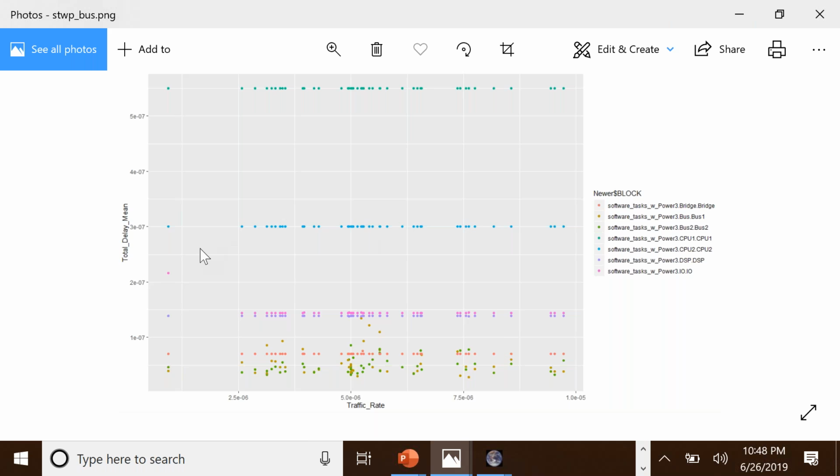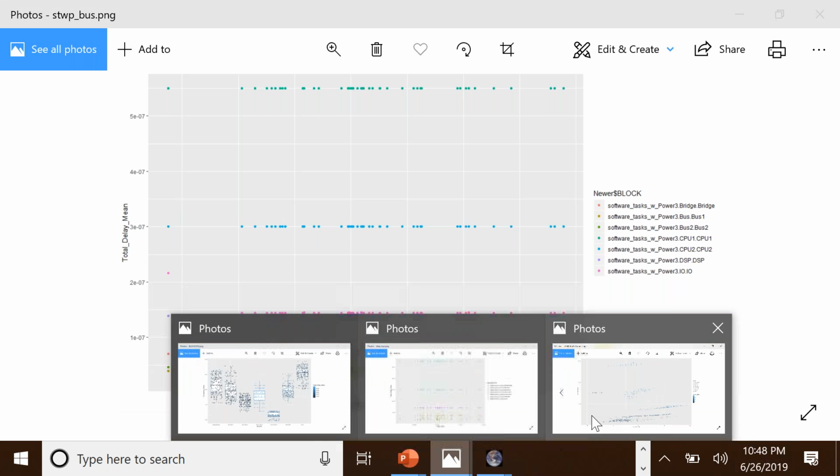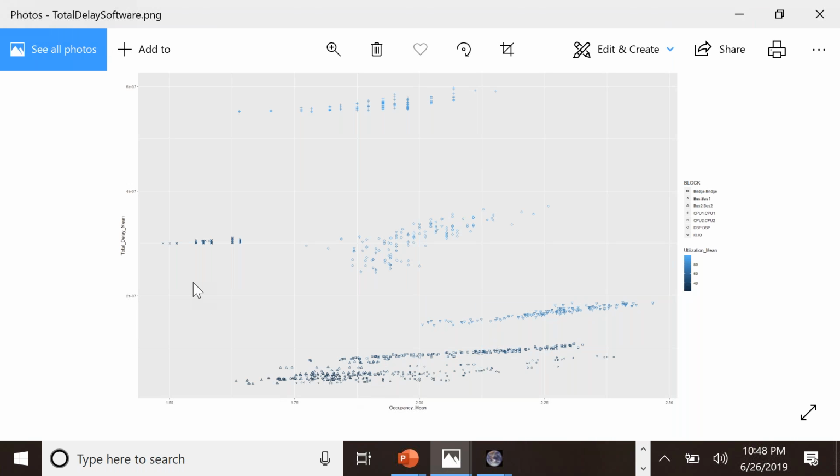of your user requests. What you can also do with these is you can also get more interesting comparative analysis where you're looking at the buffer occupancy versus the total delay. It gives you that kind of analysis as well that you can try to utilize to figure out exactly what is happening in your design, trying to be able to identify where your bottleneck is.